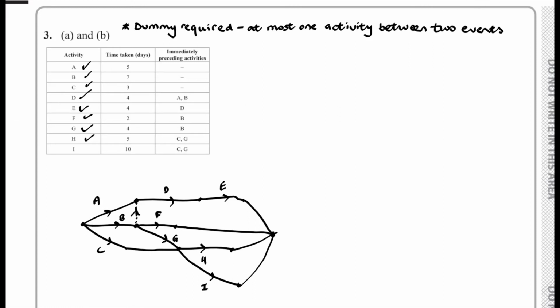So instead, for I, we would have to have a dummy instead. Okay? So we'd have to have a dummy instead, like that. Okay? So that is the activity network completed, and I'll just draw this out neatly.